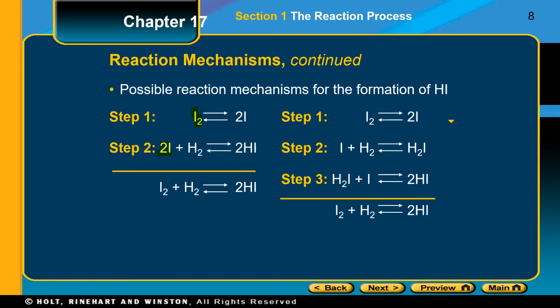Let's look at another one that we talked about. That was I think the third process that we talked about. The first step is similar to the one on the left, where we have an iodine molecule breaking apart to form two iodine atoms, and then one of those iodine atoms hits the hydrogen molecule and forms this intermediate right here.